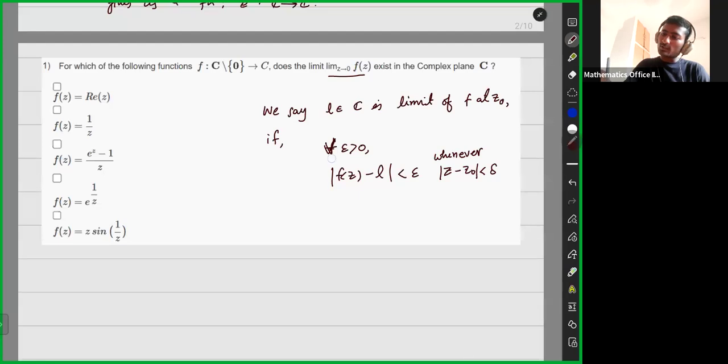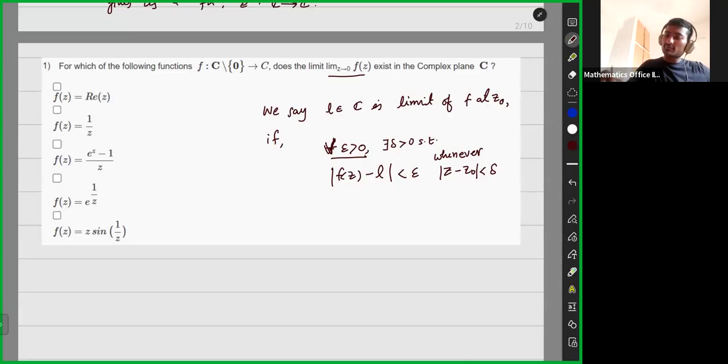For every epsilon positive, there should exist a delta positive such that this happens. Is this the case? This is the definition.